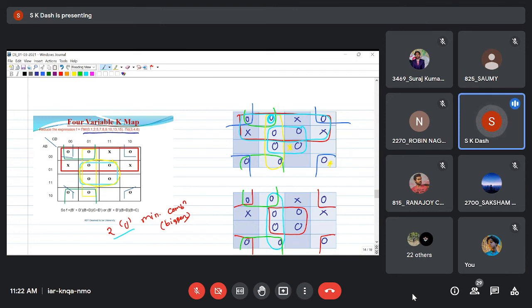So either you can choose the blue color one or the green color one. That's why you can see two answers are written. So those two combinations are selective combinations. Again here also, octet is a bigger combination, but we are not able to utilize it. If we take an octet, we still have to take a quad because that zero is not covered. It will not give us a minimized expression. So our target is to cover those two zeros using the minimum number of combinations.